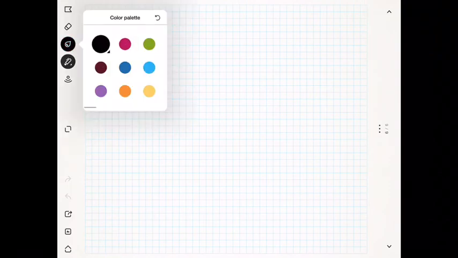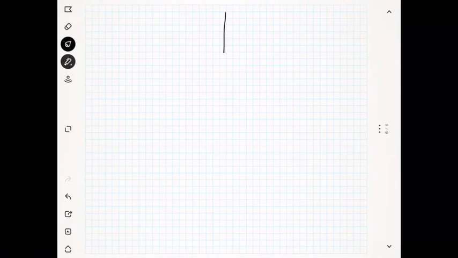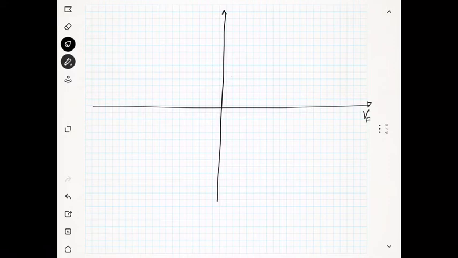Now we will see the details of the characteristics of the Zener diode. The Zener diode characteristics is something like this. This is the forward voltage, this is the forward current. What do you mean by forward voltage? Forward voltage means you apply forward bias.